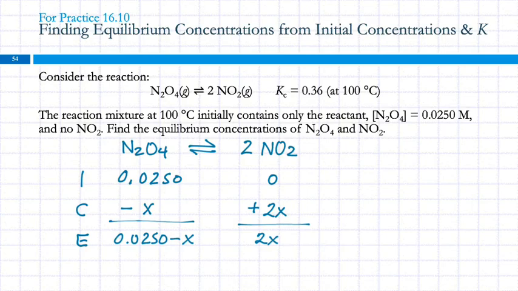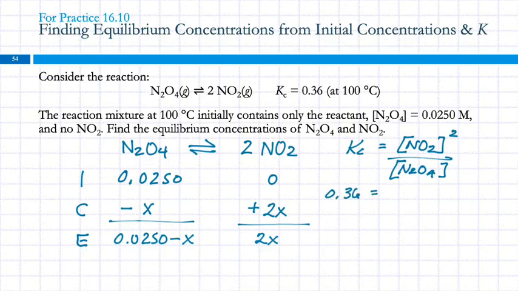So I'm given Kc, and I tell from the equation that Kc is NO2 squared divided by N2O4. So 0.36 is equal to, NO2 is 2X, and that's the quantity squared, divided by 0.0250 minus X.